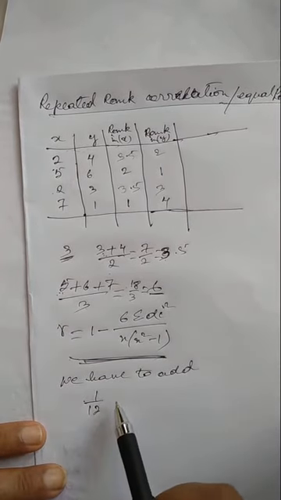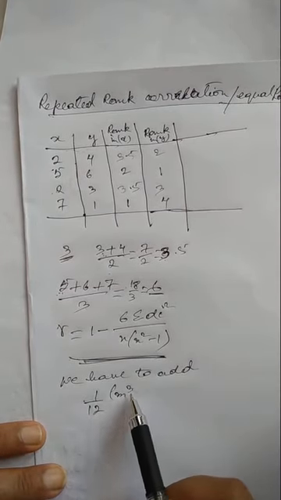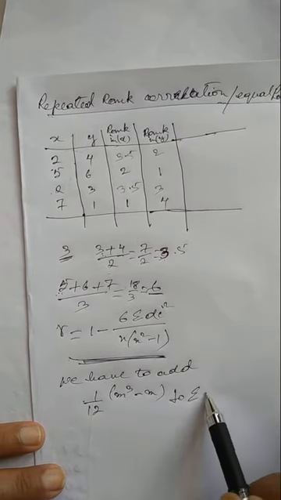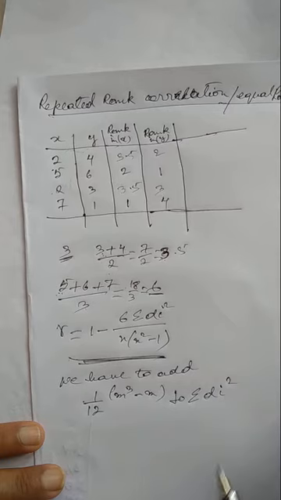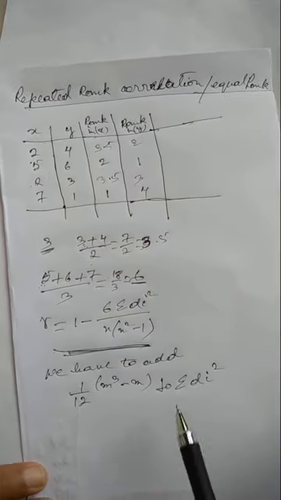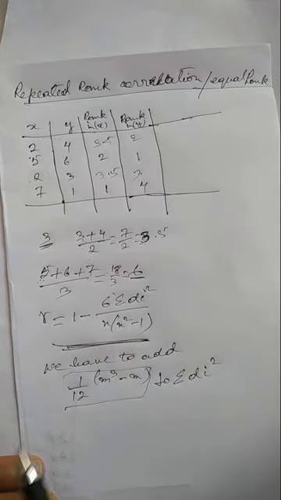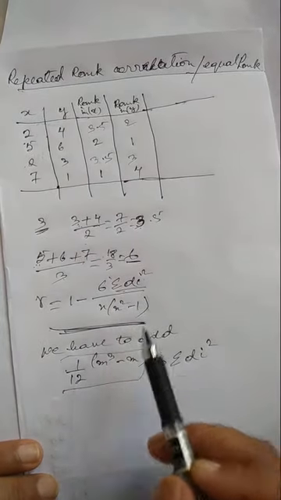We have to add 1 by 12 m cubed minus m to summation di square. That means we add this portion to summation di square.